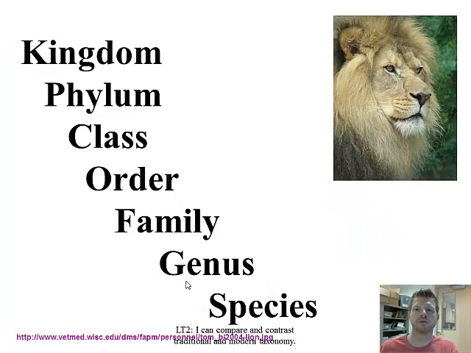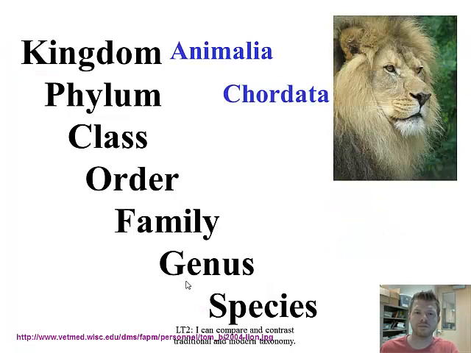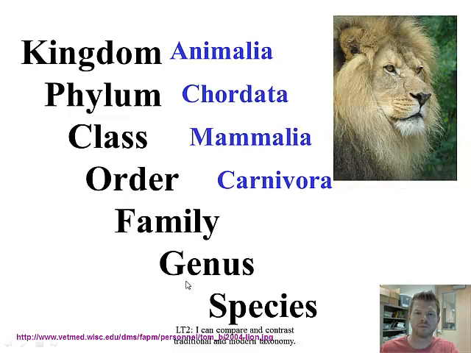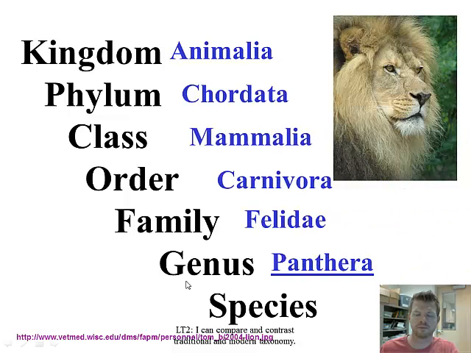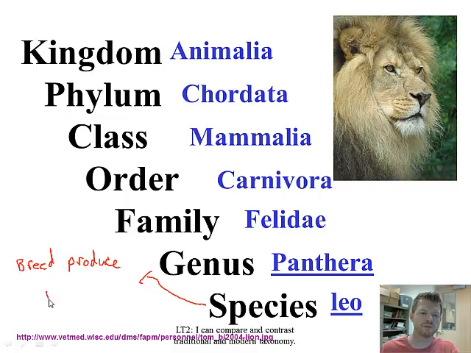So here's an example for this lion. In order for a species to be called a species, they have to be able to breed and produce fertile offspring.